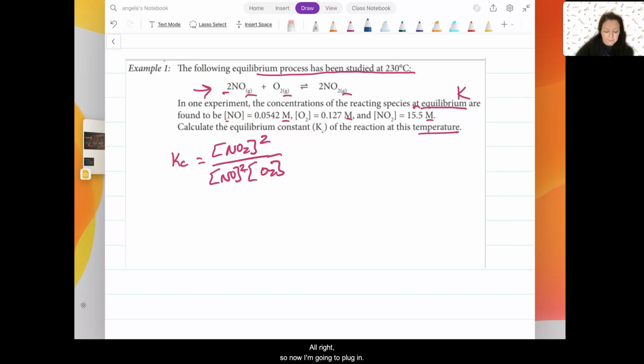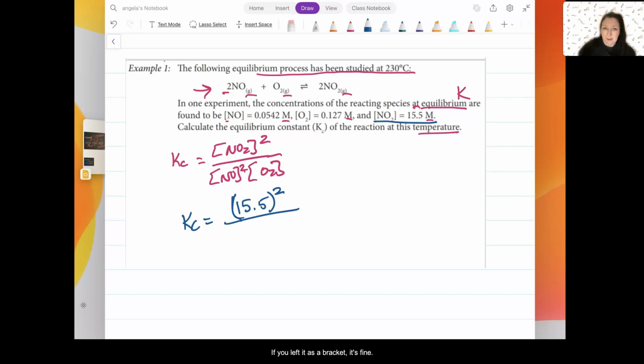All right, so now I'm going to plug in and solve. So Kc. My NO2 is right here. So I have 1.5, oh no, that's not right. 15.5, try again. 15.5 squared. Now notice I can turn these into parentheses. Why? Because I'm doing a math function, I'm not representing that it is concentration, so they just become parentheses.